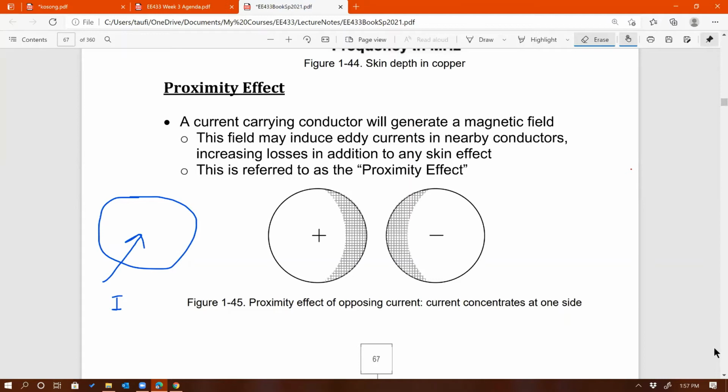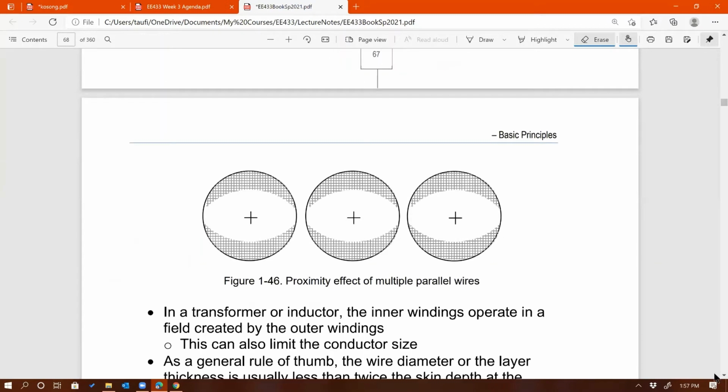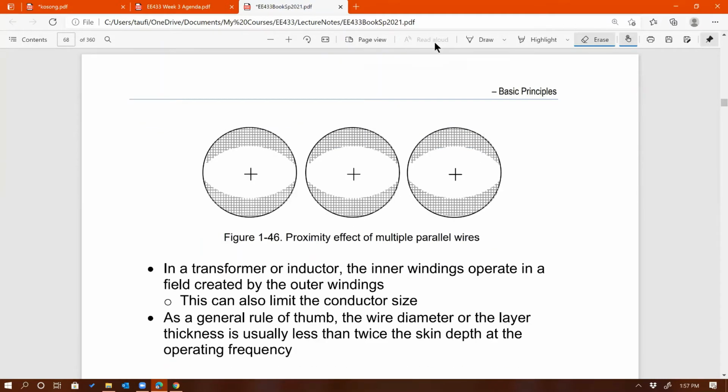I think I have another example. Yeah, right there. So let's say I have three conductors. Now all of them have currents in the same direction, in this case going into the page. So into the page means what now? Clockwise, yes, clockwise. Clockwise that way.